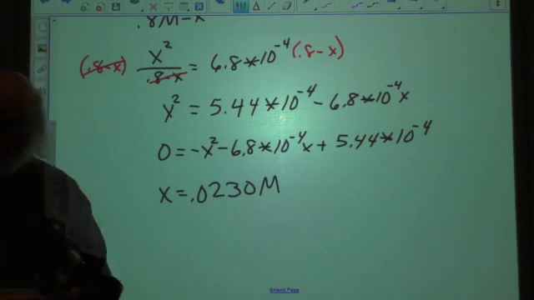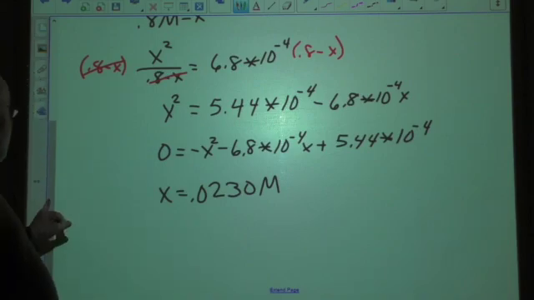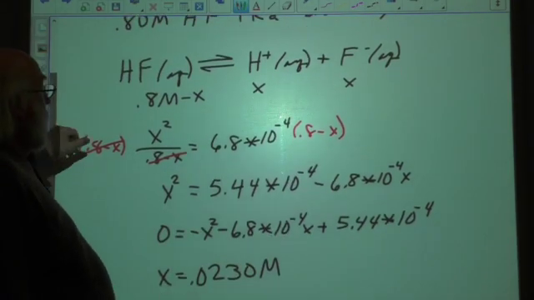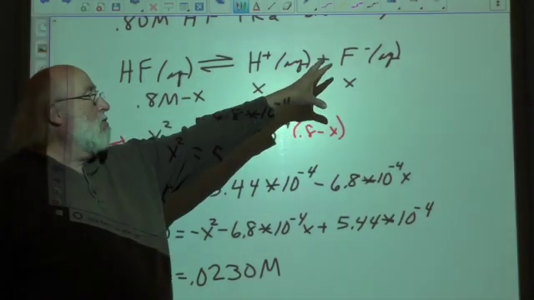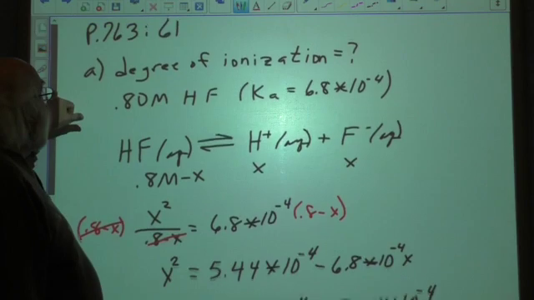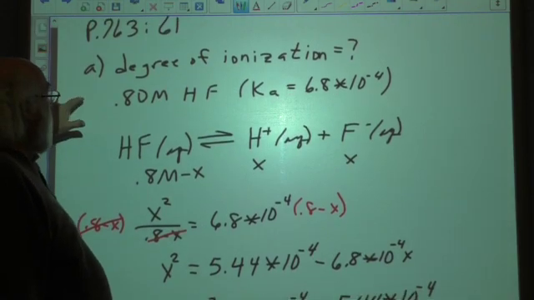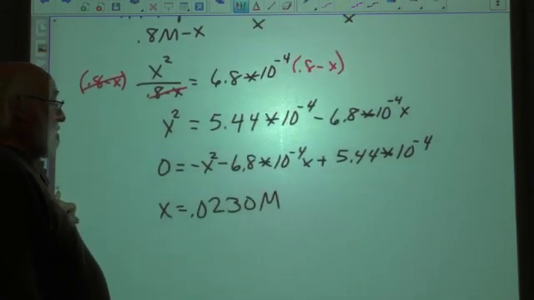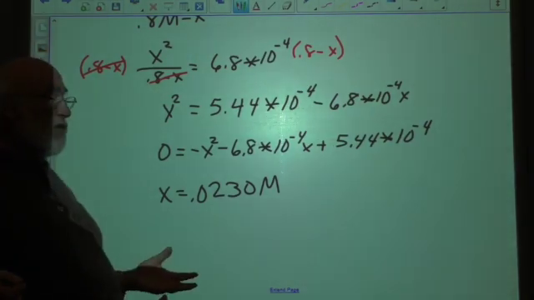Now, what does X represent? Well, if we go up here and take a look, X represents both H positive and F negative, but the problem asks us to find how much is dissolving here. So all we really need is X. We don't need a specific value for that.